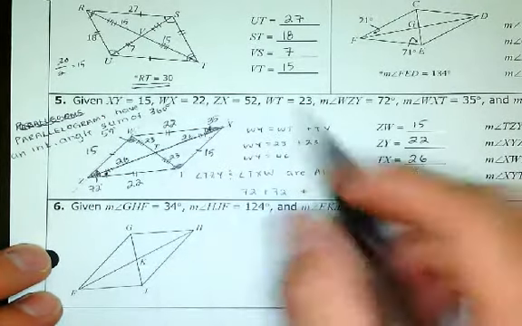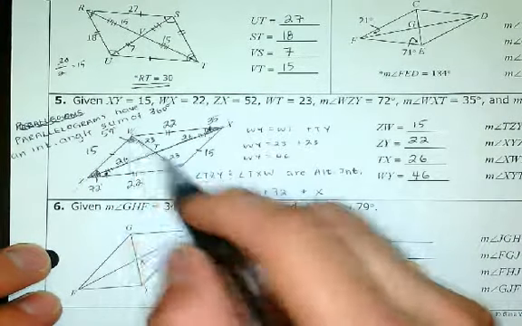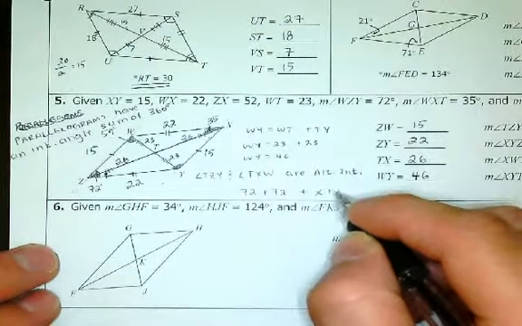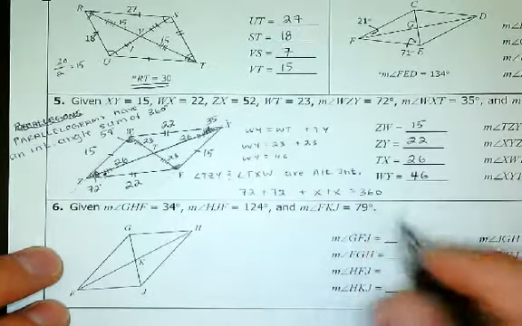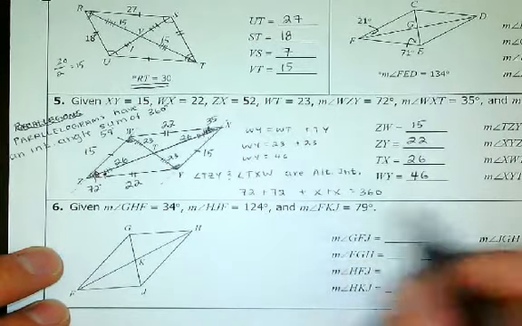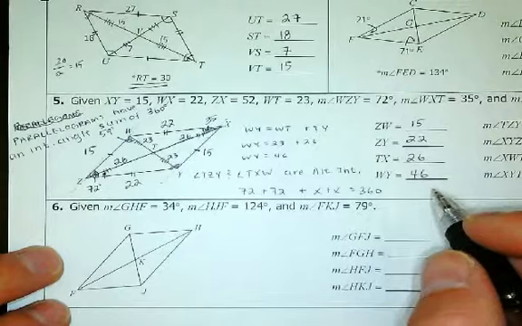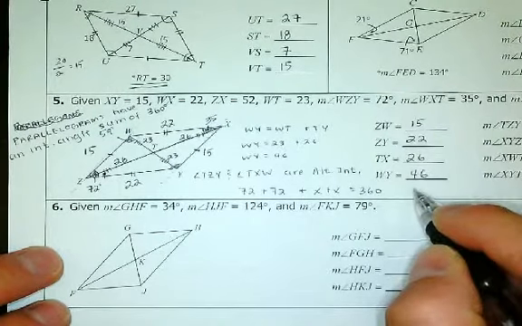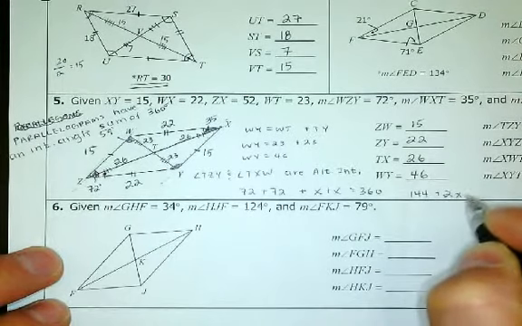So we'll just call him X. Since these two are the same, we'll just say two X's. So X plus X equals 360. 72 and 72 makes 144. So you have 144 plus 2x equals 360.